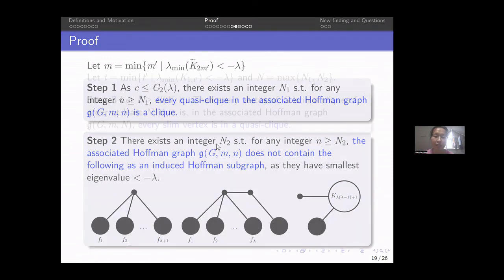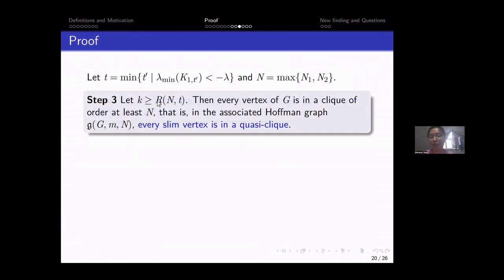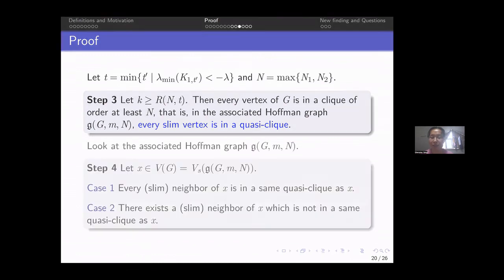So in the third step, if we want a large n, then we choose a very large clique, very large valence, such that the vertex is in a large clique, as we introduced before, because this graph does not contain the claw graph. The third step is to choose very large valence.